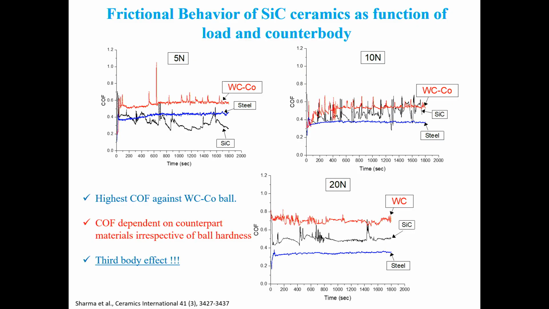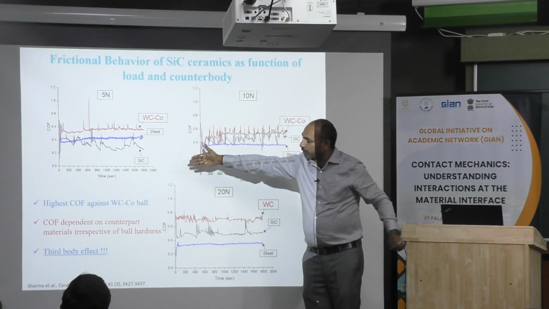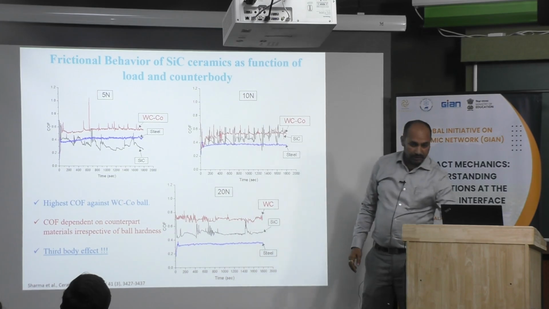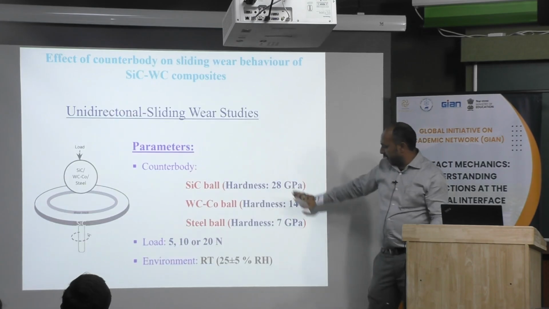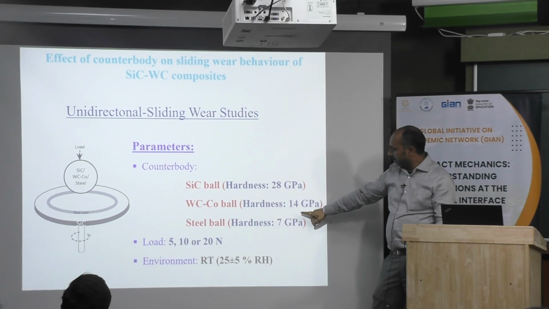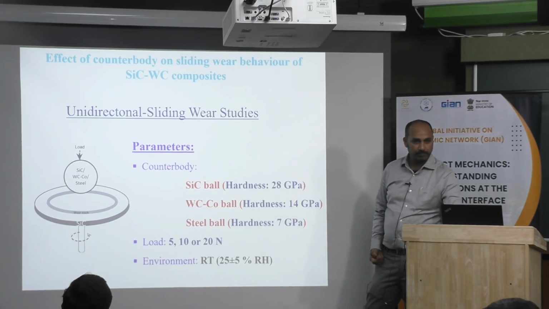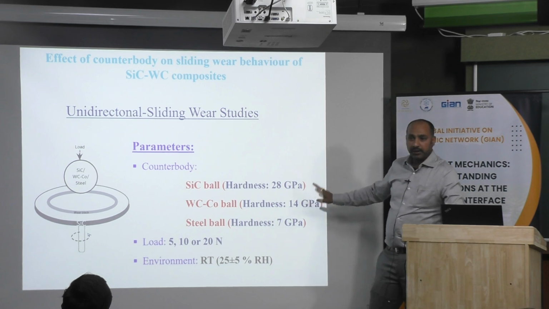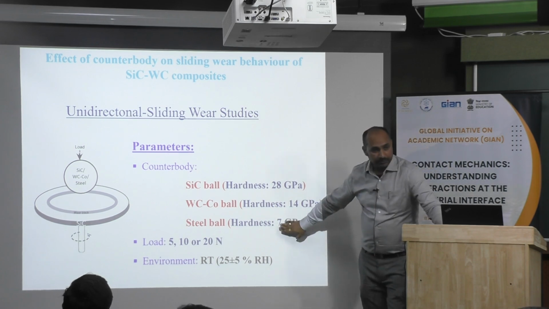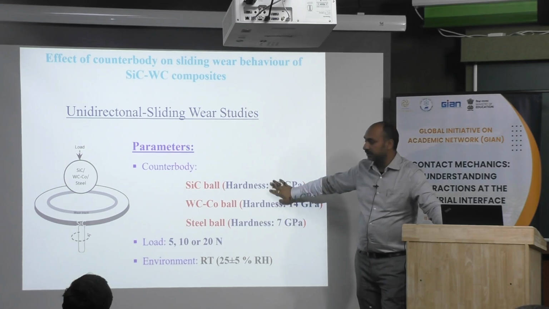So first, for pure SiC, monolithic SiC, we are changing load. What we found here is, if you go with different counter bodies, the counter body hardness is changing in multiples: 2, 7, 14 and 28 GPa. The counter body has been chosen in a particular fashion, in the form of metallic, cermet and ceramic.